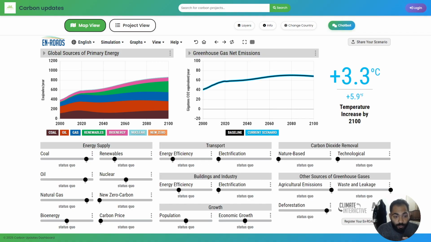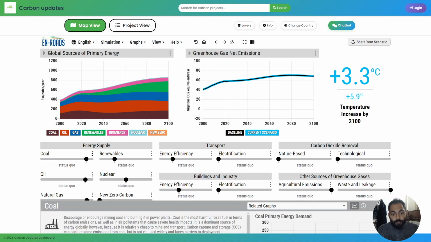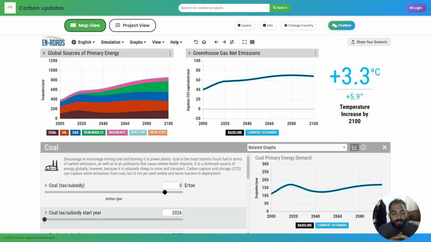Let's start with the usual suspects, coal, right? We want to see coal subsidy, right? It's at 0 tons. So let's go highly subsidized. It's heavily subsidized. As you can see, the temperature was at 5.9, 6 degrees.